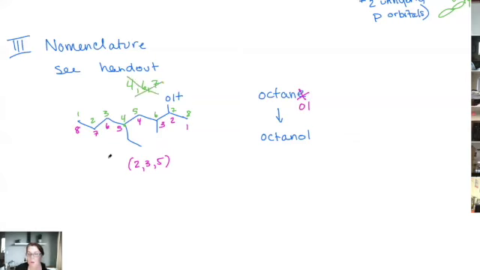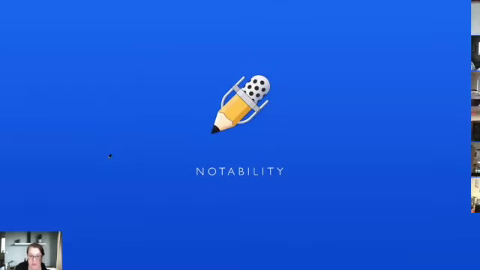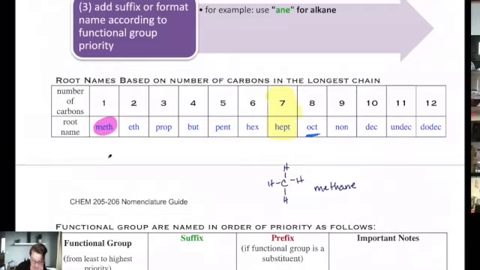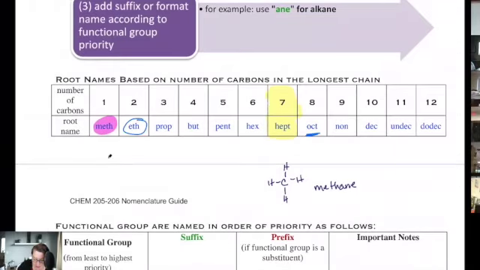So now let's look for our other substituents. All right. So at carbon 5, we have a 2-carbon piece. How are we going to name the 2-carbon piece? Okay, I'm going to jump back. Sorry, I wish there was a faster way I could do this for you. Okay, we're going to jump back and say, all right, I have a 2-carbon piece.